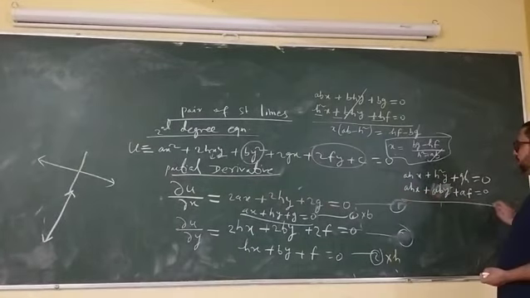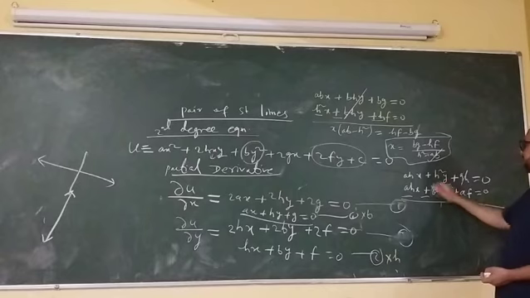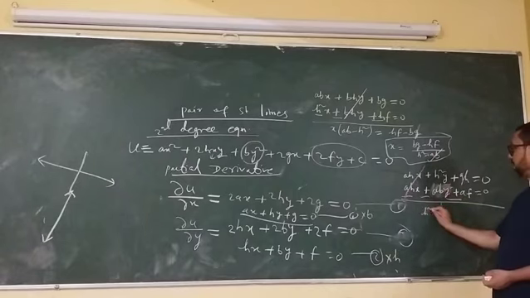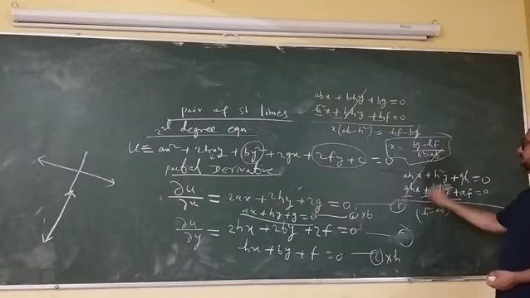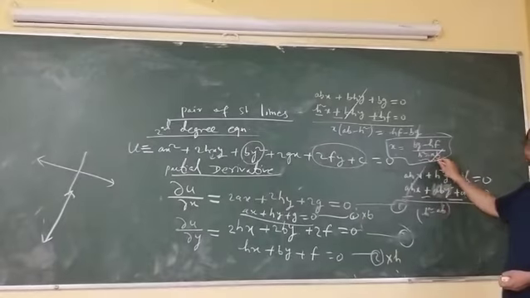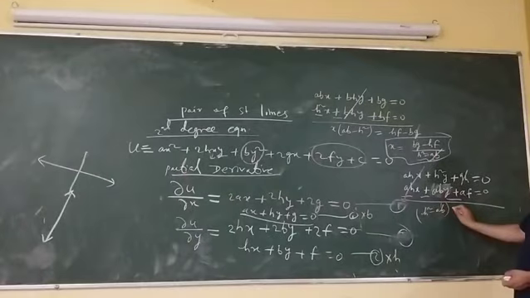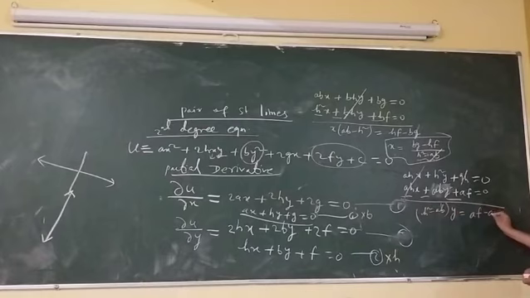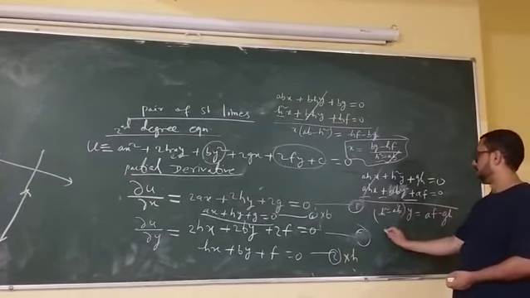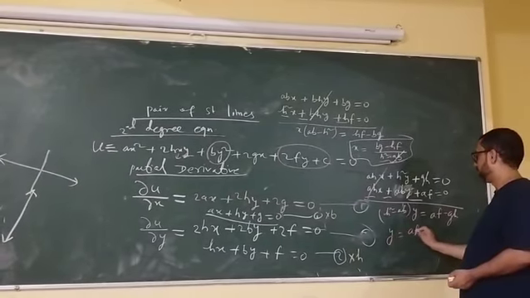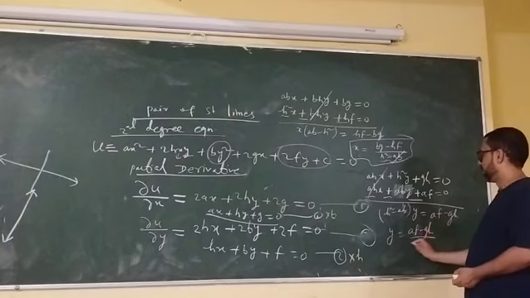Now if you eliminate x, so this gets cancelled, taking common, we get h square minus ab. So there is no need to change here. It will be af minus gh. So y is equal to af minus gh upon h square minus ab.